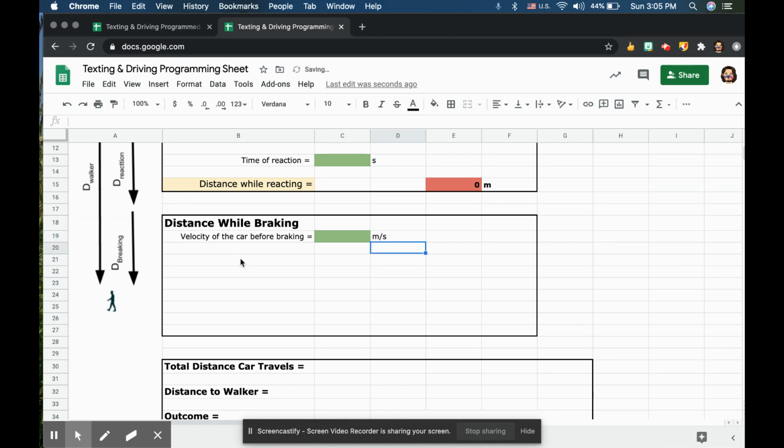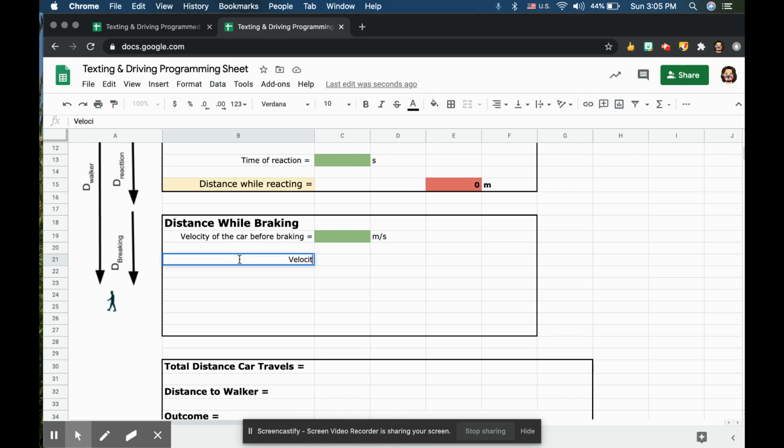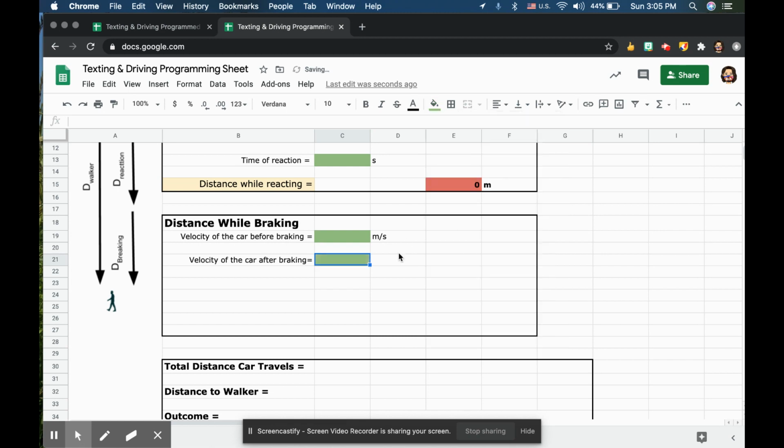I am going to skip a line and go to B21, and I'm also going to type in velocity of the car after braking. So I need to know the velocity of the car before braking and after braking. Slide over to C21, change that color to green, and then slide over one to D21 and put in my units, which is meters per second.